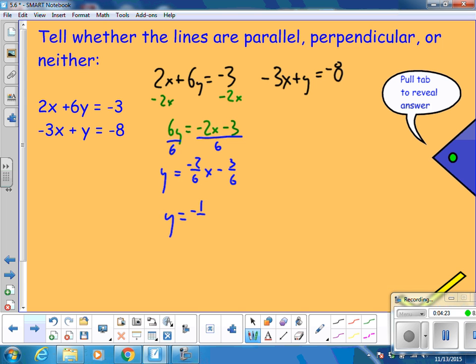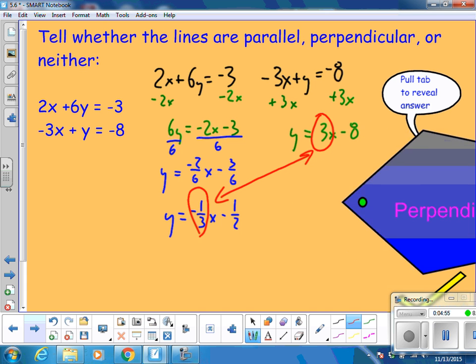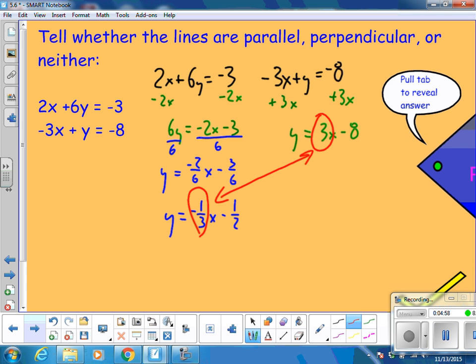So -1/3 x minus 1/2. Found my slope. Let's see if we can work it out on this other one. Plus 3x on both sides, so y equals 3x minus 8. Oh, that was nice. That's done. So my slope here is -1/3. My slope here is 3. The relationship between these two is they are reciprocals of each other and they're opposite signs. This would make them perpendicular. So perpendicular has those two characteristics.